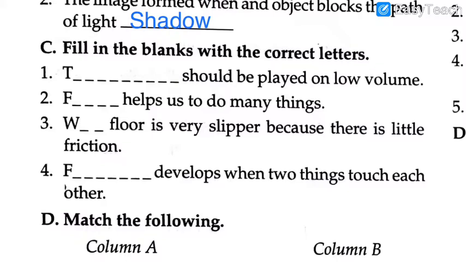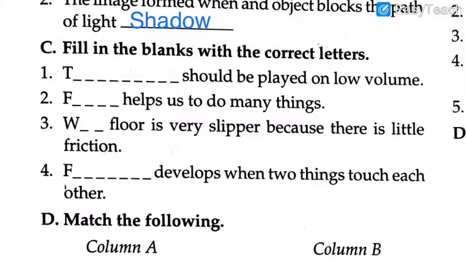Your countdown starts now. 6, 5, 4, 3, 2, 1, 0. Okay, did you get the answer? The word starting from T and you should play that with the low volume.